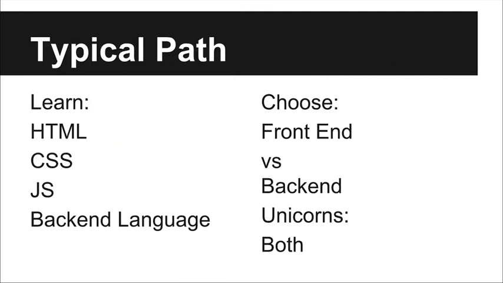All right. So I know some of this may be looking like you're drinking out of a fire hose, but I promise we'll slow down a little bit where we need to. But the typical path is that you learn HTML first, and then some CSS, some JavaScript, and the backend language, which is pretty much exactly what we're doing in that order.